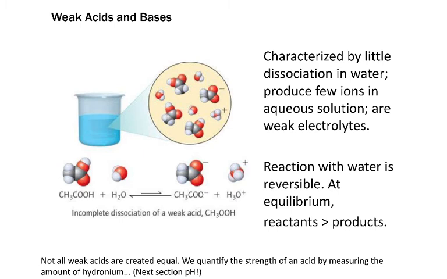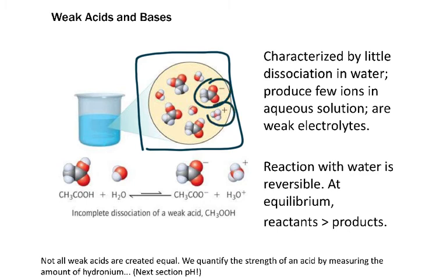So here's the same kind of diagram, and notice that when we have equilibrium, there are some acetate ions, there are some hydronium ions, and there is also still some of the original acid that did not dissociate. So weak acids and bases are characterized by little dissociation in water.